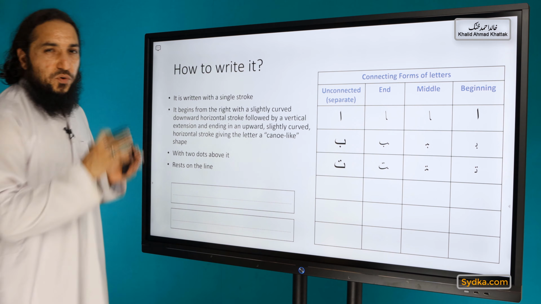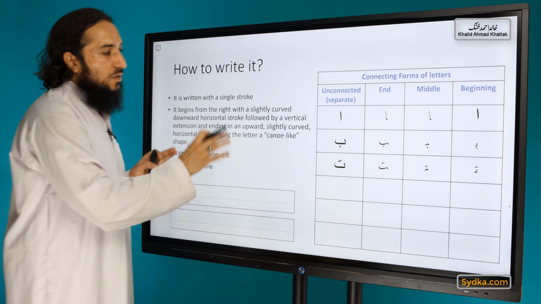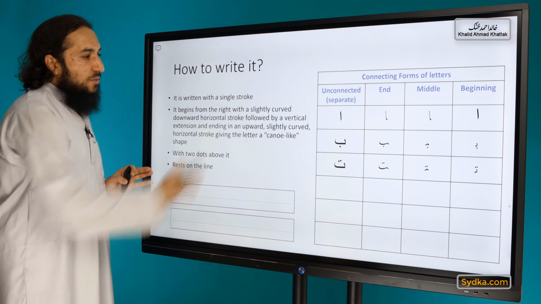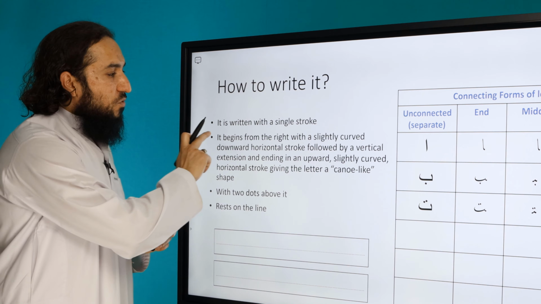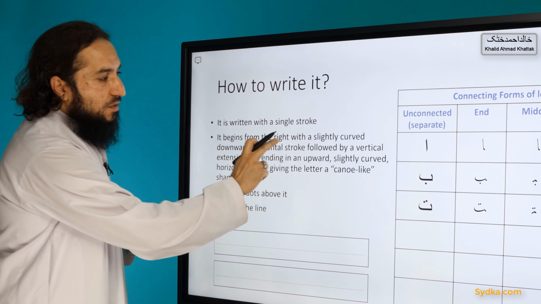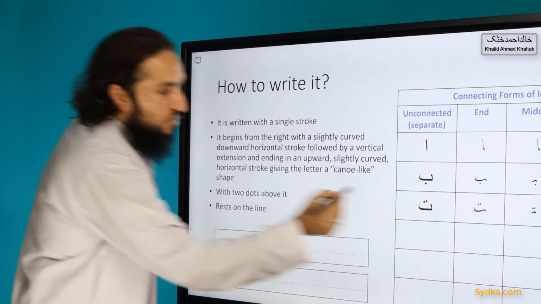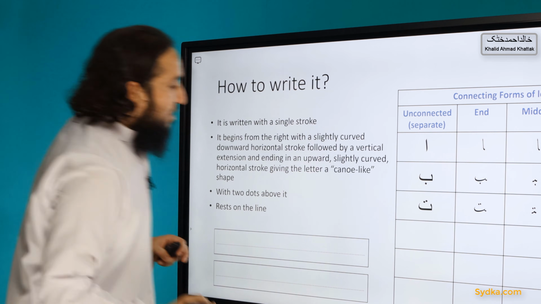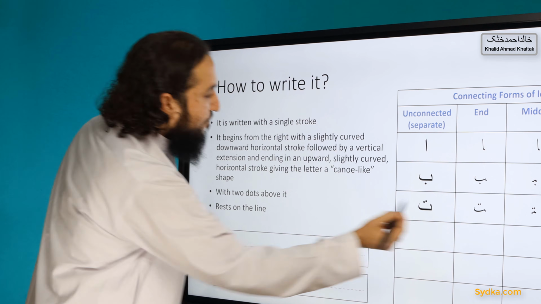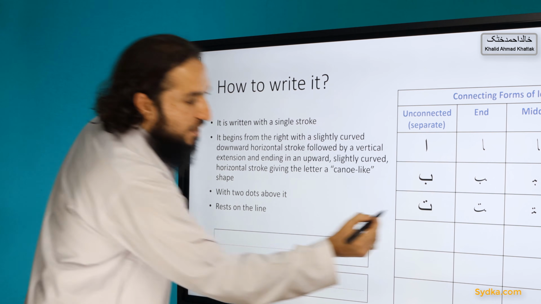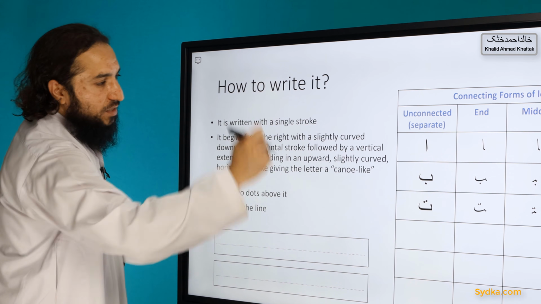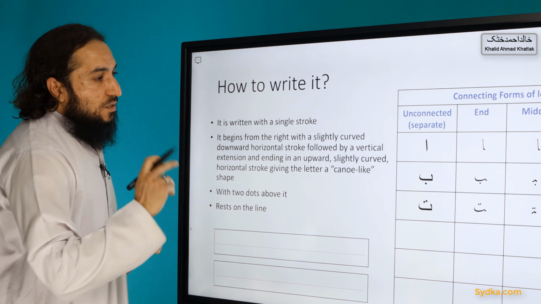How it is written: this is exactly the same way it's written as Ba. Let me explain it briefly, and then we will do the practical part. It is written with a single stroke, and it begins from the right, slightly curved downwards, a horizontal stroke, followed by a vertical extension ending upward, slightly curved.